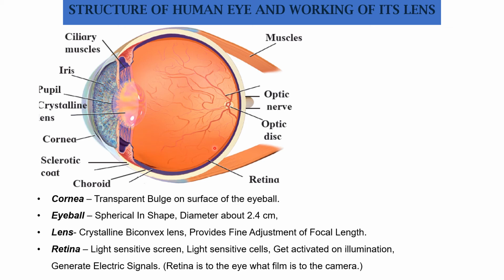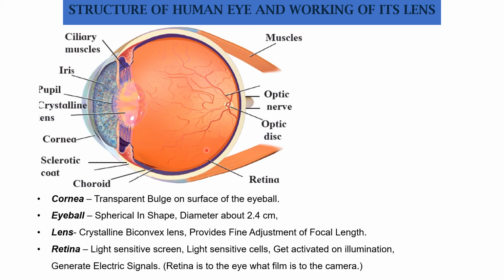The rod cells respond to intensity of light and give us information about brightness or dimness of the object to the brain. How bright or how dim the objects or the light around us is, the perception regarding it is conveyed to the brain with the help of rod cells.